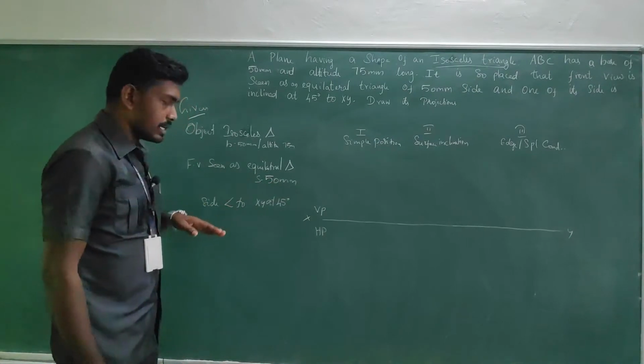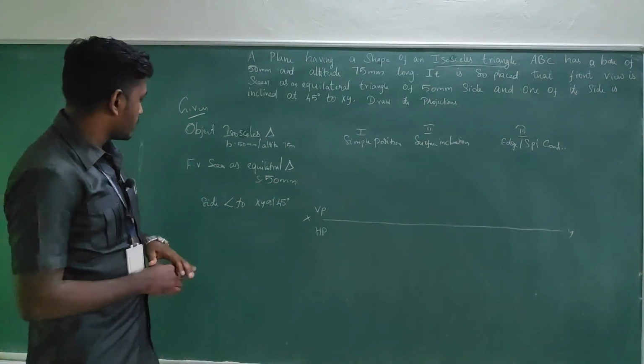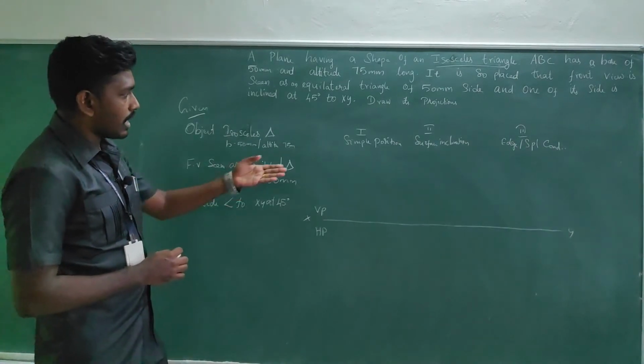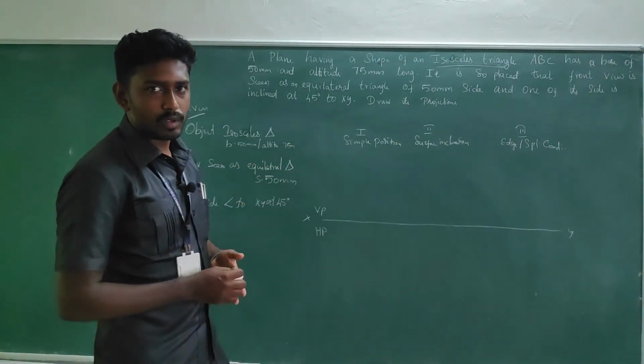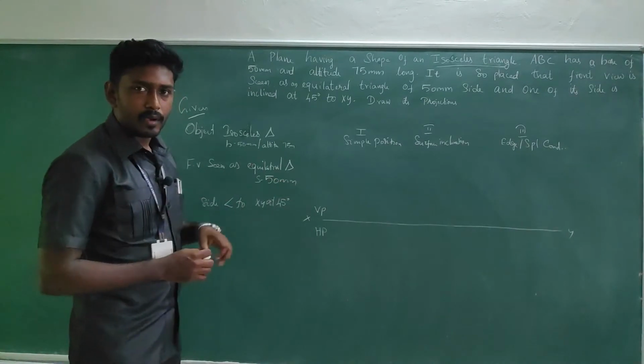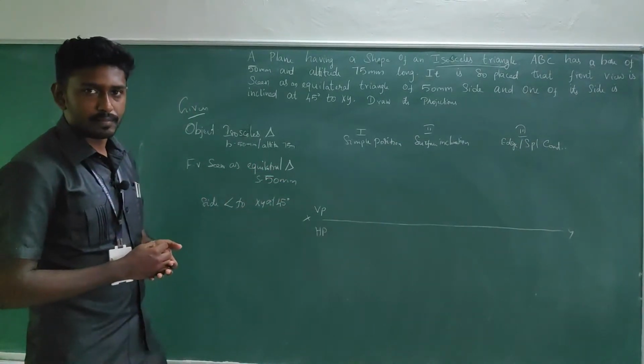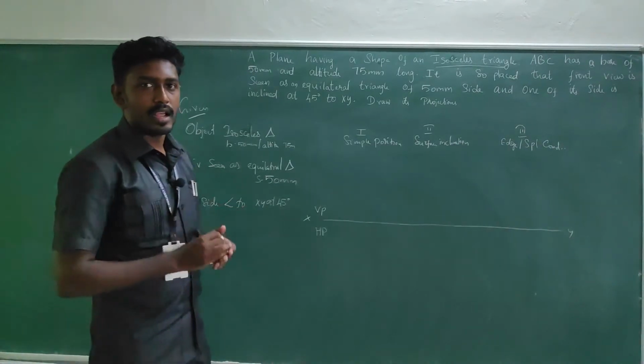So as far as this question is concerned, the conditions are given in such a way. Always I used to say, in a simple position, if you want to trace out the true shape, we have to check the surface inclination. Based upon the surface inclination, we take the decision.